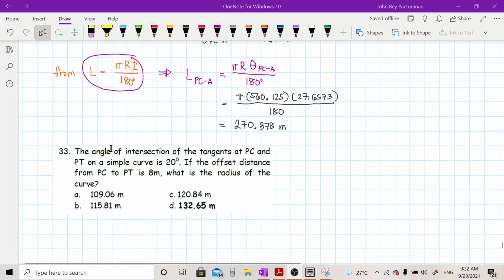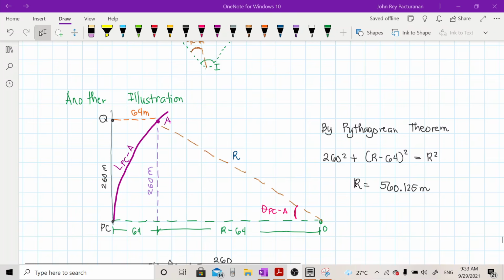No? So, ito, kung first time mo tong isosolve, parang ang hirap. Kaya lang, class, yung solution nito is very much similar to the solution here, yung paghahanap ng radius. All you need to do is to use the Pythagorean theorem or some sort of, basta ang concept is may mafo-form ka na triangle dito.